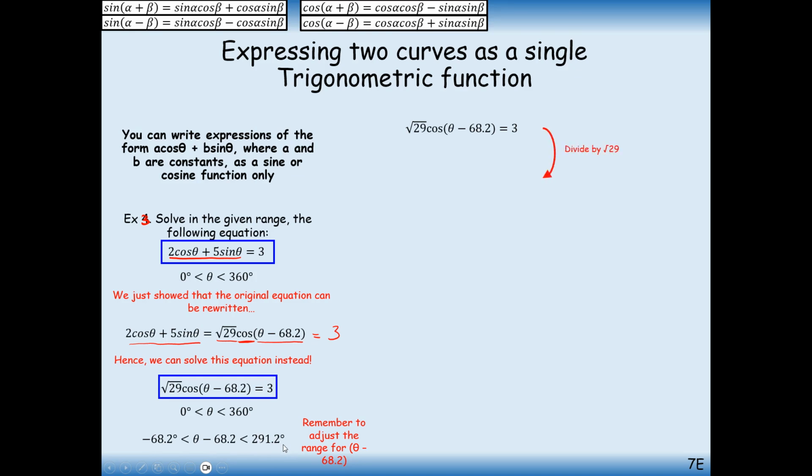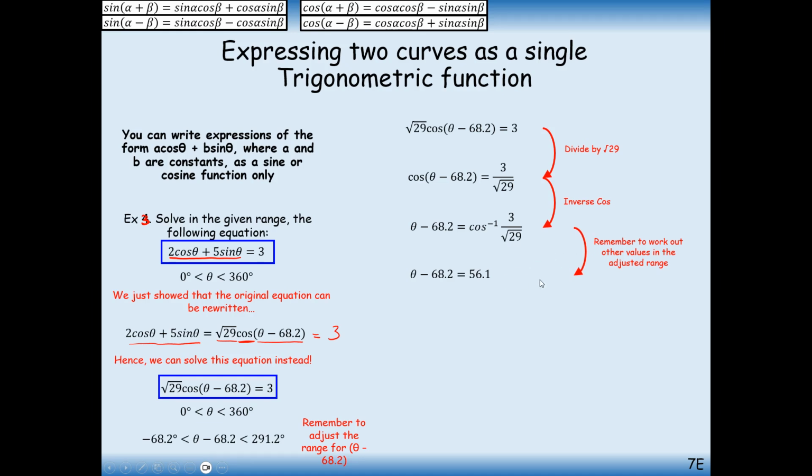Dividing by root 29 and taking its cos inverse will give us this equation here, where the initial value is 56.1. Now, because we took cos inverse, theta equals 360 minus theta.